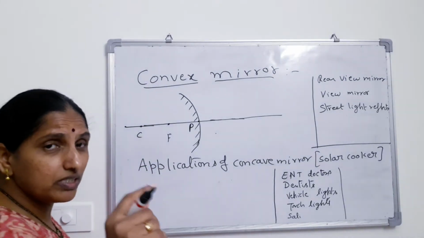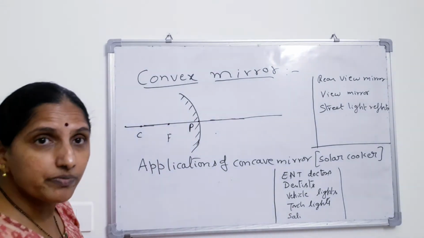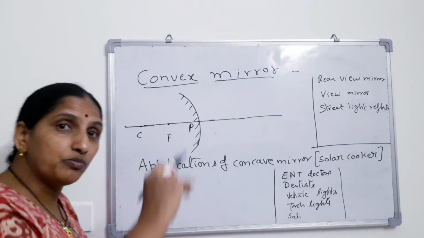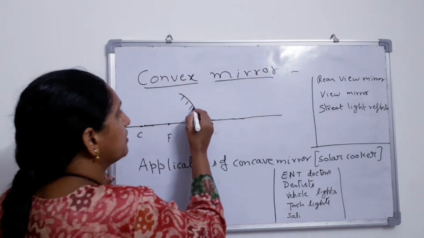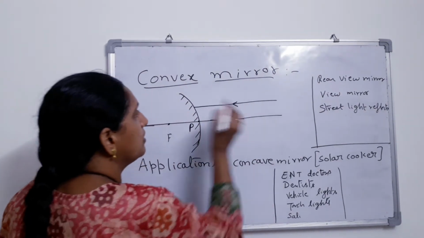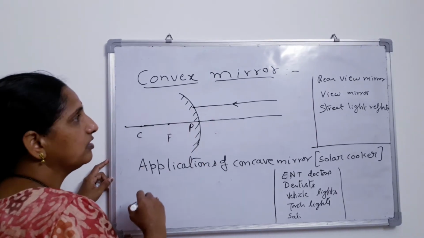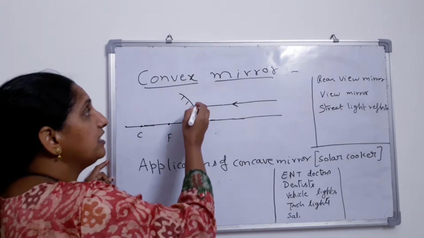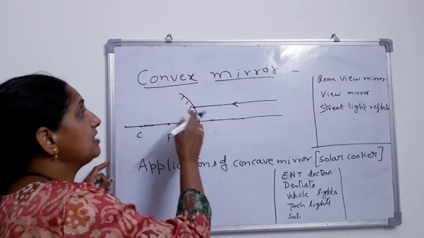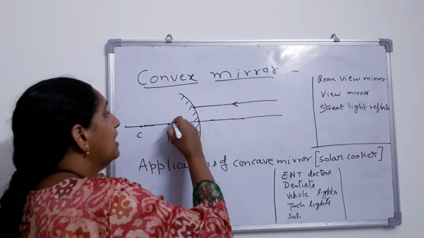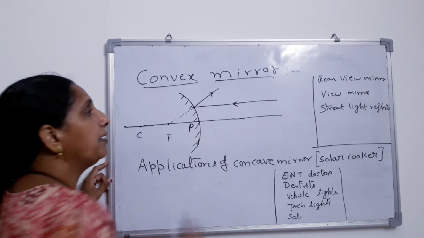What are the rules that we have discussed? The first rule is that when a ray is incident parallel to the principal axis, it is supposed to pass through the focus in a concave mirror. When it comes to a convex mirror, the ray incident parallel to the principal axis at this point will get diverged away, as though the ray is coming from the focus.